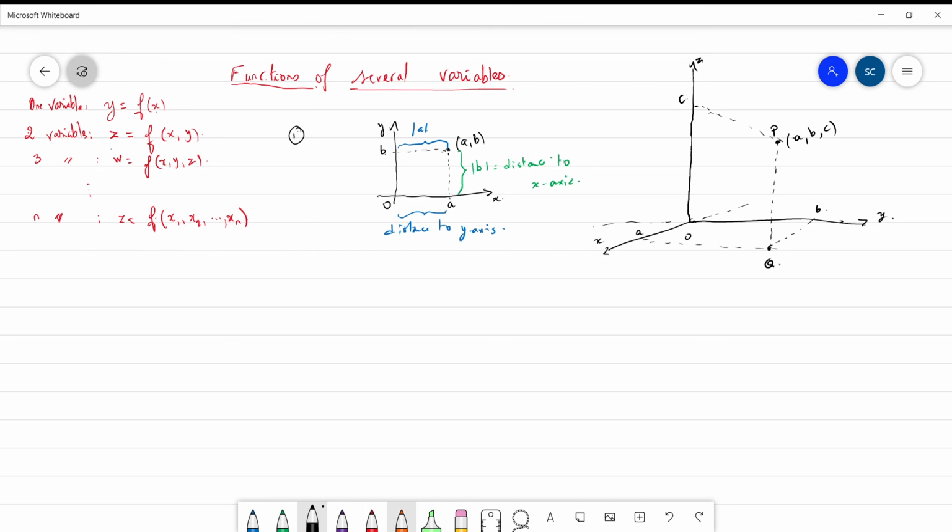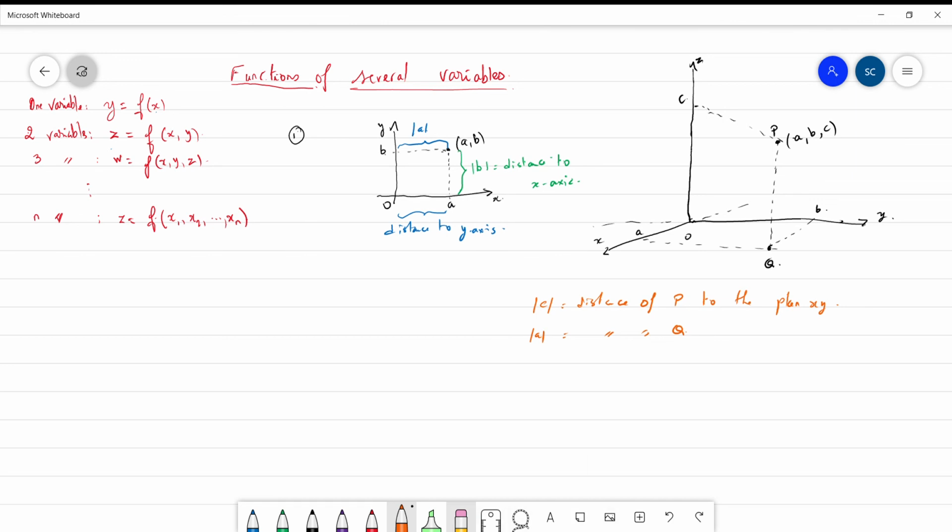The absolute value of c represents the distance of P to the plane XY. a is the distance of Q, the projection of P, or it also represents the distance of P to the plane XZ.